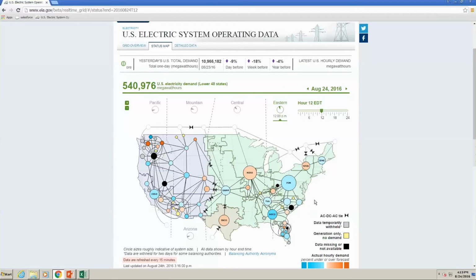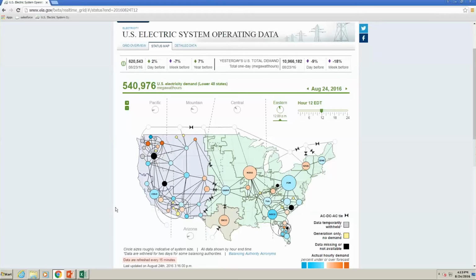And so they follow the contours of the footprints of the balancing authorities. And that's probably a major difference that you'll see. Now, I know that there are a lot of state folks on the call. I know that you like to get your data on a state-by-state basis, at a state level.